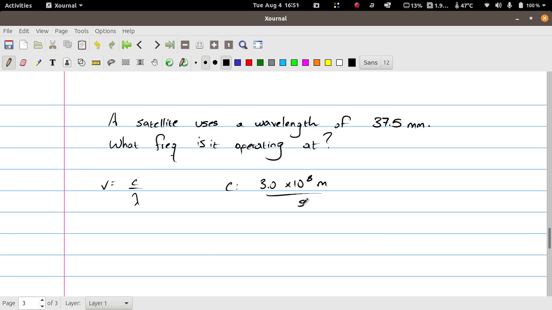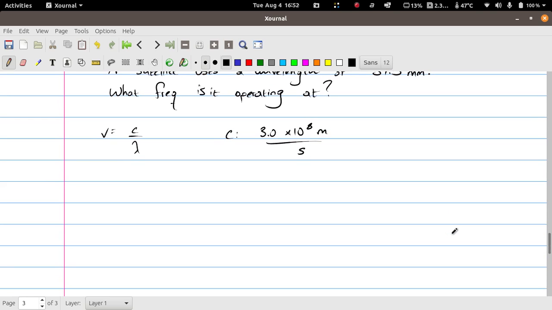Okay. So, we have our formula. We know the length of our wave. We have to convert that to meters because it has to be in meters. Otherwise, you're going to get a wrong answer by about 1,000.